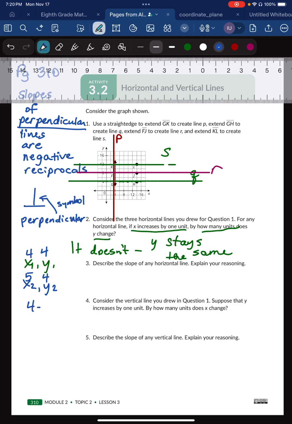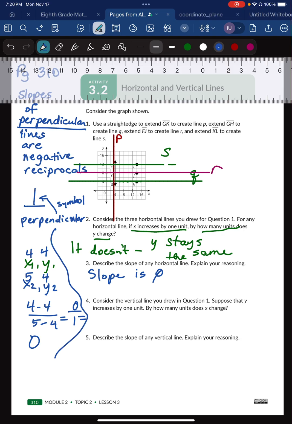So y1 minus y2 over x1 minus x2 is 0 over 1. Anything over 0 is undefined, but 0 over anything is 0. So the slope of a horizontal line is 0. Explain your reasoning. And we just did it this way.